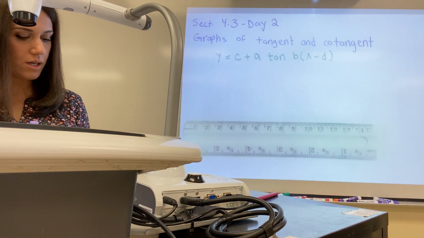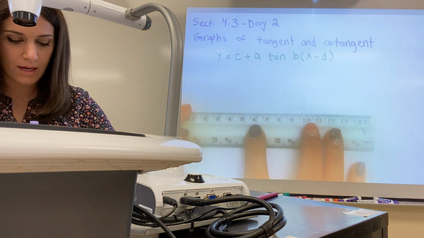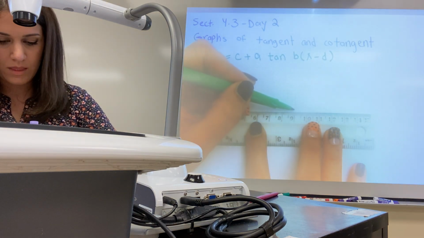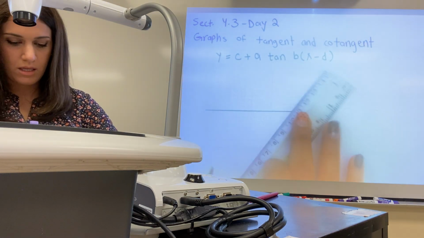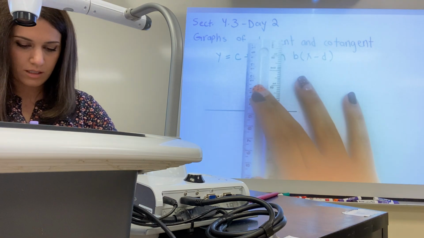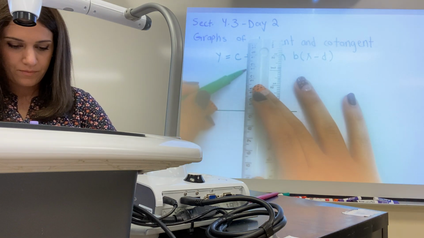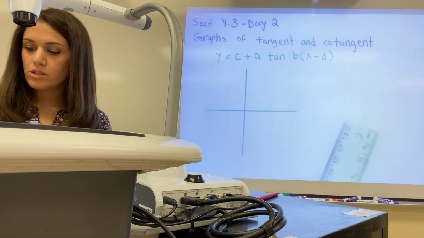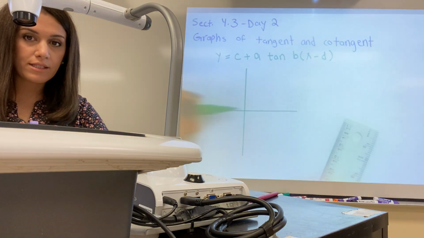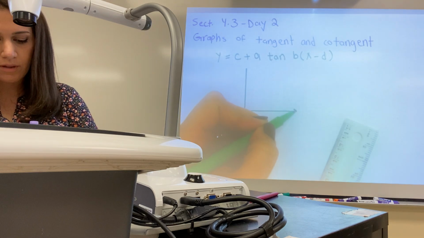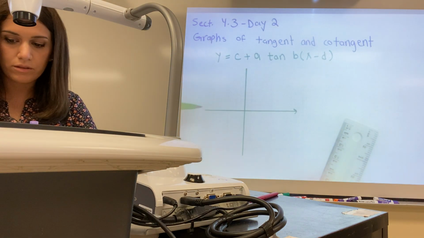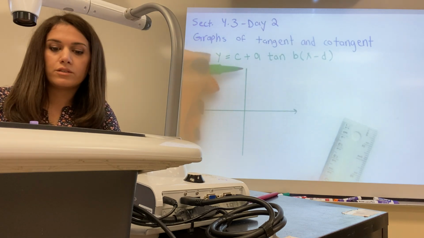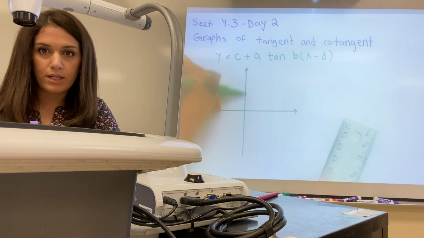So let's start graphing. Let's have the x and y here, and we will see a graph of tangent. So as you remember, on the x-axis we will label the values of the angles, right? And the value of the tangent or any trig function will be on the y-axis.